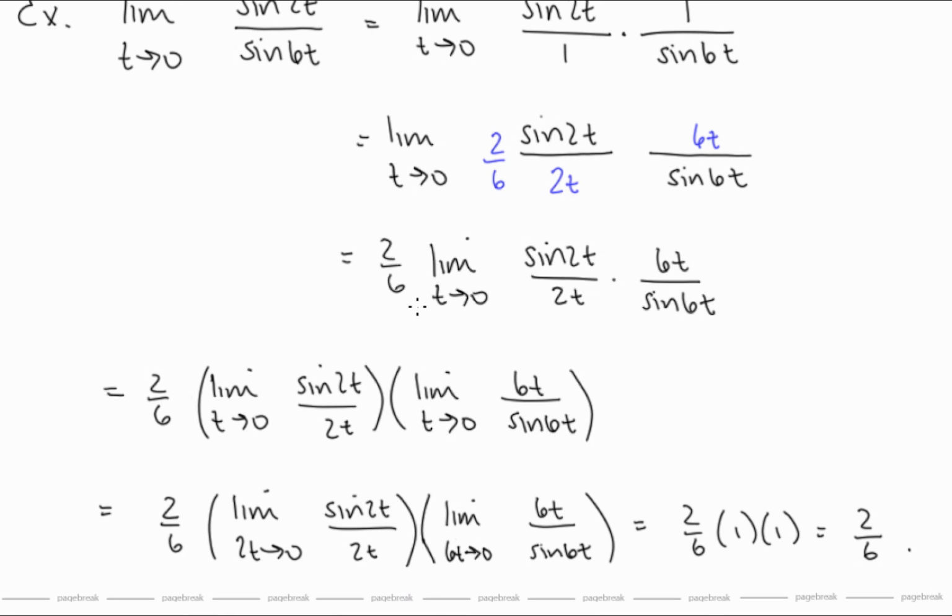We should separate those into their own limits, and just to be formal, we should recognize that the limit as t goes to 0 is the same as the limit as 2t goes to 0. And then we can solve this one, and that's a 1. Similarly, limit t goes to 0 is the same as limit 6t goes to 0. So we can solve this limit, and that's a 1 as well. And so this limit is 2/6.